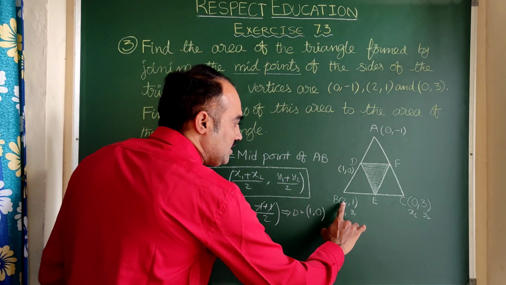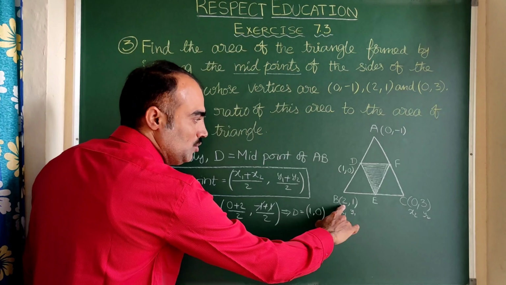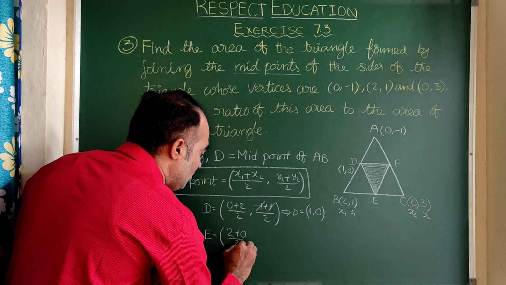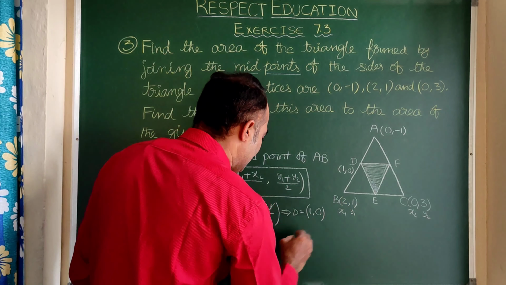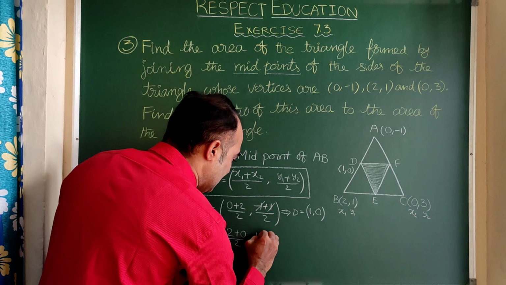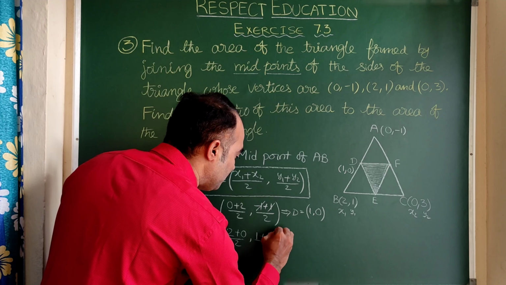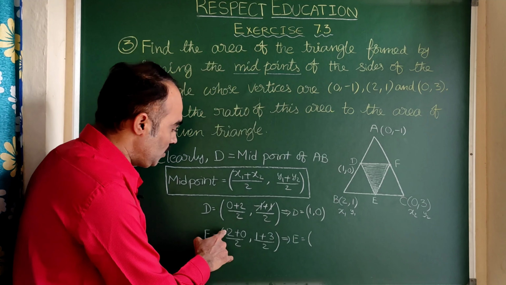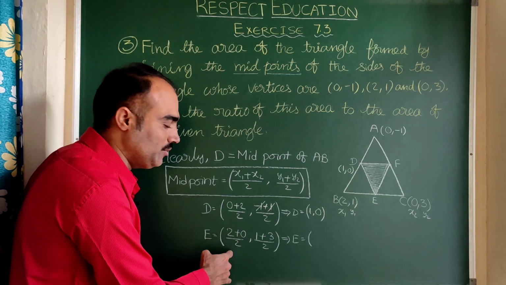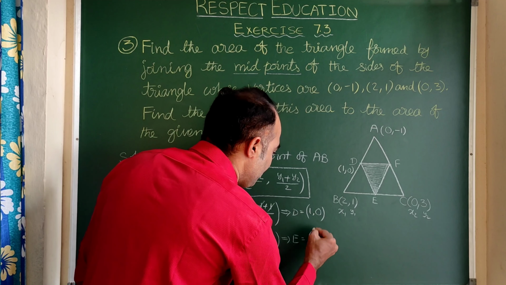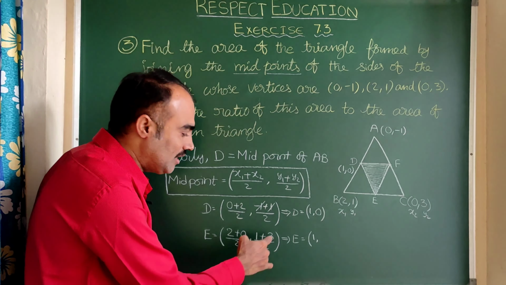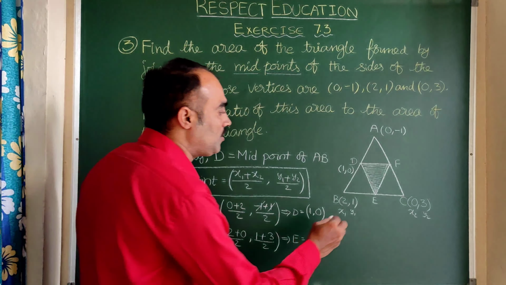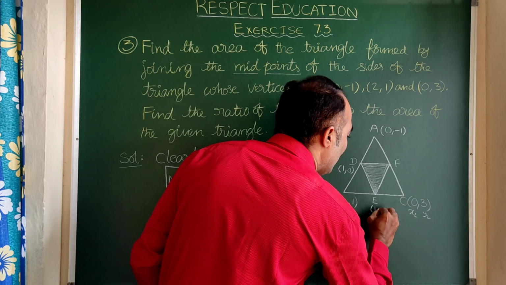So x1 plus x2 by 2 means 2 plus 0 by 2, comma, y1 is 1 plus y2 is 3, so 1 plus 3 by 2. From here we get E. 2 plus 0 is 2, 2 by 2 is 1. 1 plus 3 is 4, 4 by 2 is 2. So E we got 1 comma 2. Here I am writing E 1 comma 2.